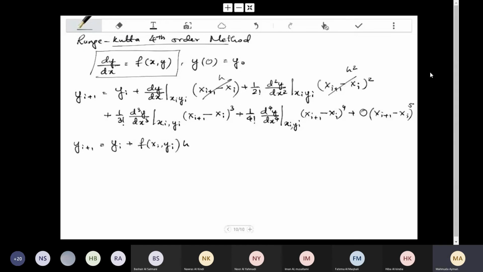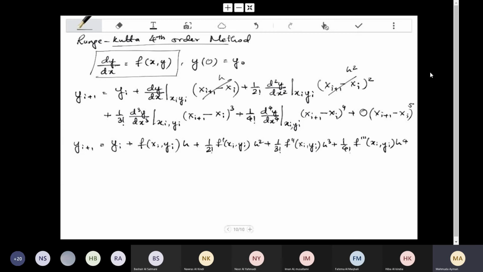So here we'll have h plus 1 over 2 factorial, the first derivative of the function at x i y i h squared, plus 1 over 3 factorial f double prime x i y i h cubed, plus 1 over 4 factorial f triple prime x i y i h to the power 4.